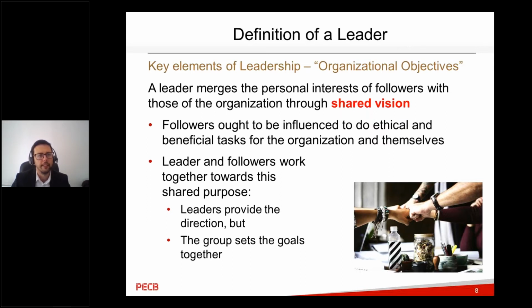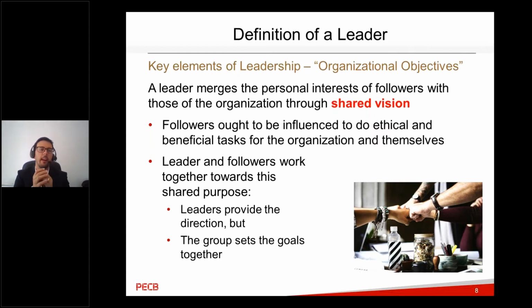So leaders and followers usually work together in this shared purpose, with leaders setting an example and leading by directing the others, and the others setting the goals, as we already covered.